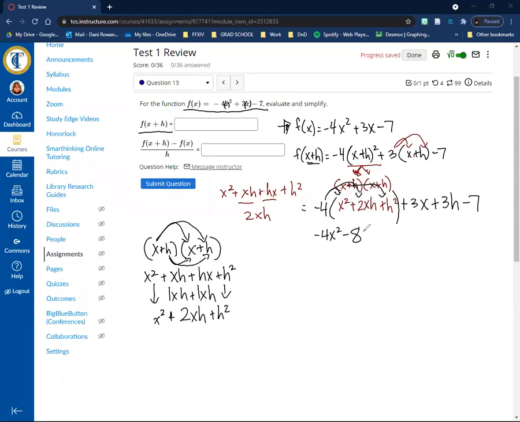Yeah, so -8xh. -4 times h squared is -4h squared. Bring everything else down. I know you want to combine stuff, but there's nothing to combine here. We have no terms in common. We have an x squared, an xh, an h squared, an x, and an h. So this is really common as your answer when you're dealing with an x plus h.